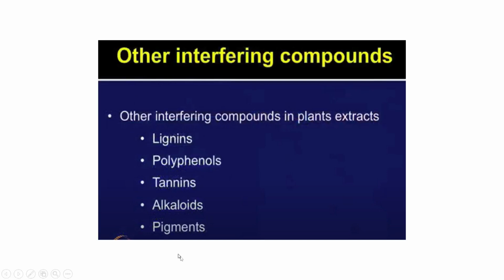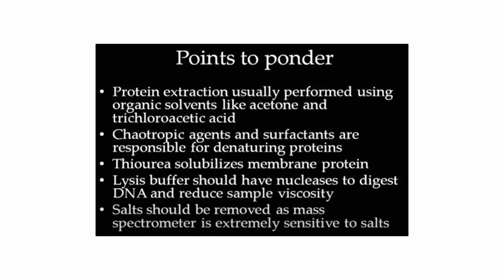All these can be interfering factors in your purified protein, and you need to get rid of those components in order to have a purified protein, and only then can you inject it for proteomic analysis via mass spec, because mass spec is very sensitive. It can detect even nanomolar or femtomolar amounts of any specific salt while doing this preparation.